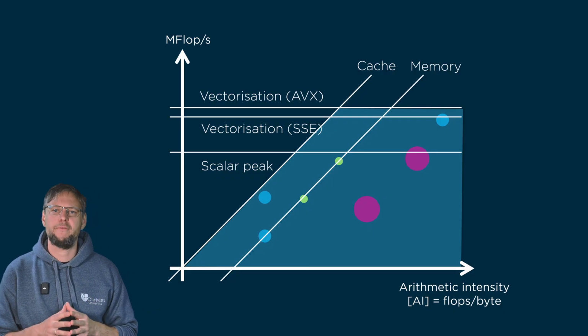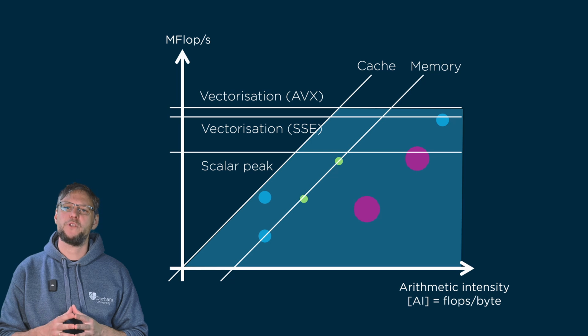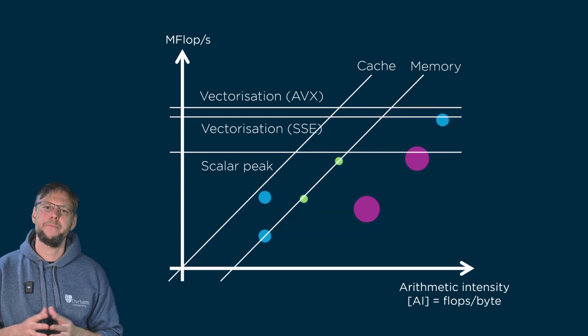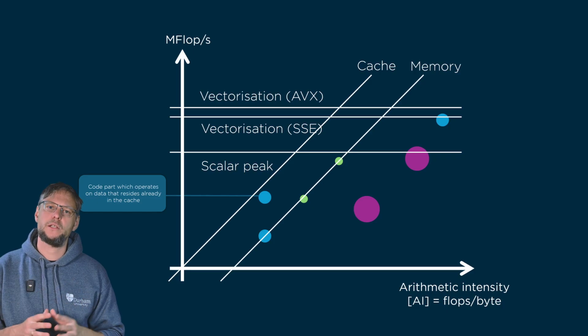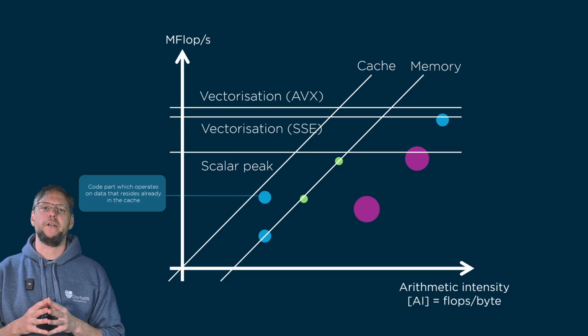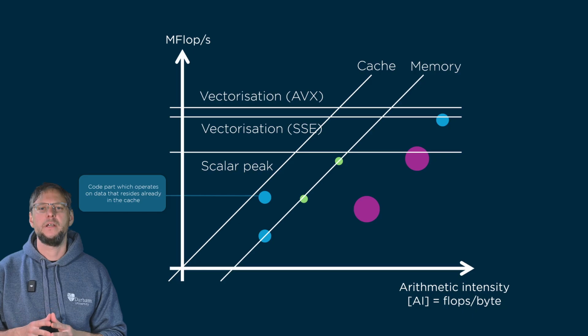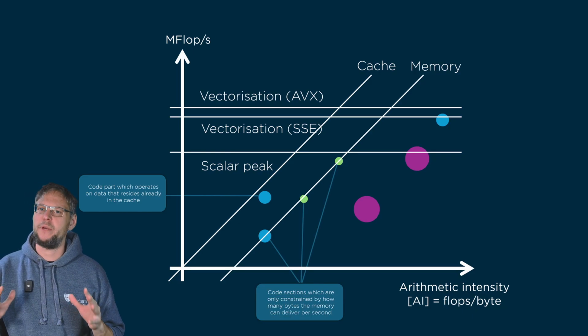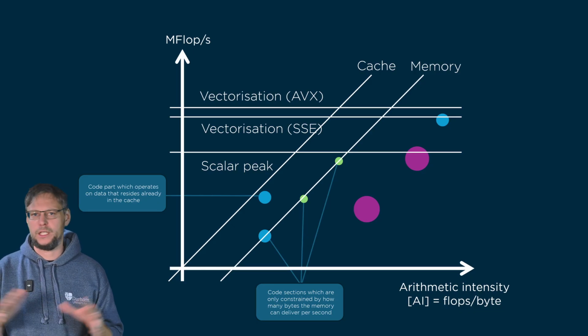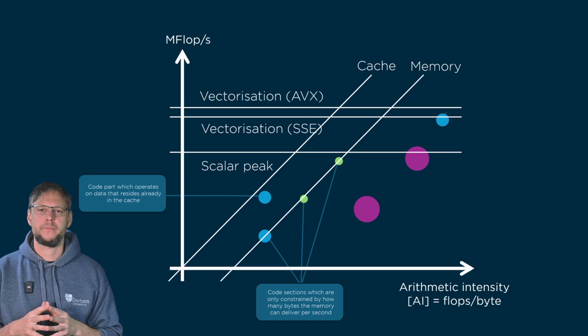It is time to clarify what we can read out from this Roofline model. Here, we have 1 function or code part which operates almost exclusively on data that resides already in the cache. We have 3 code sections which are solely constrained by how many bytes the memory can deliver per second. They are clearly memory bound.